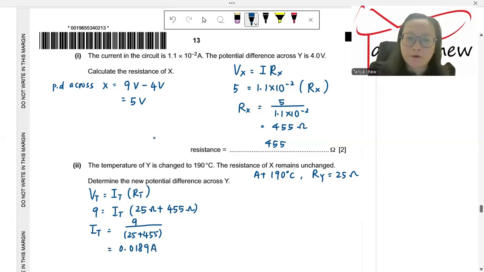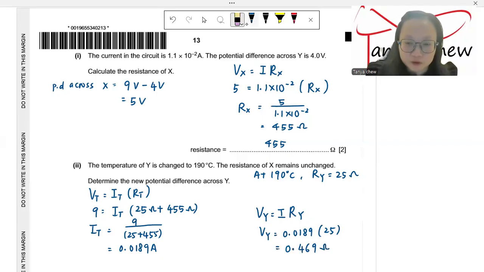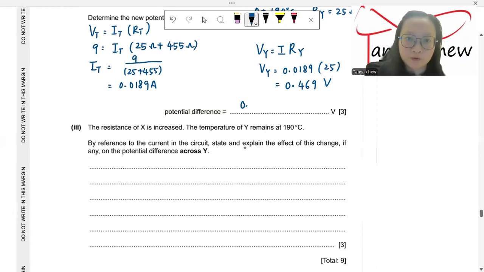And now I can find my potential difference across Y. Vy is equal to I total times Ry, because both X and Y share the same current. The current is 0.0189, Ry is 25. And the answer is 0.469, sorry, not ohm, but volt. 0.469 volt is the answer.